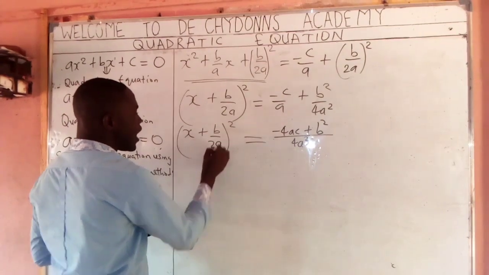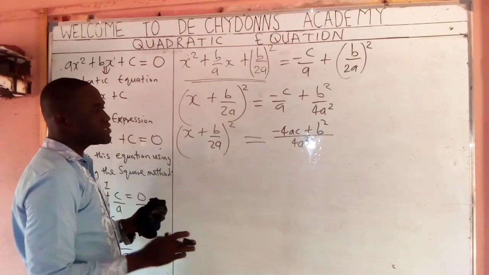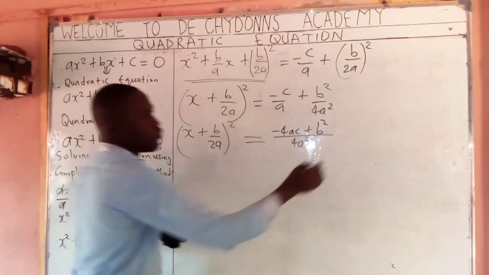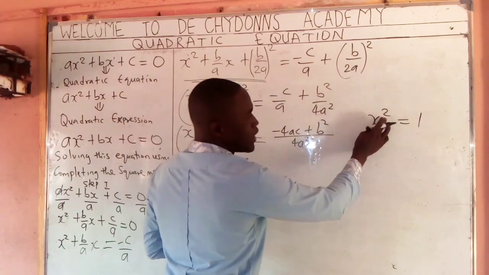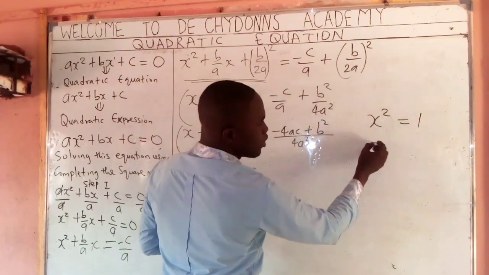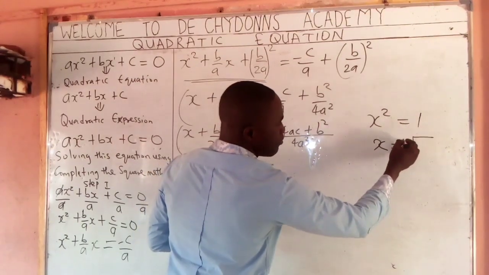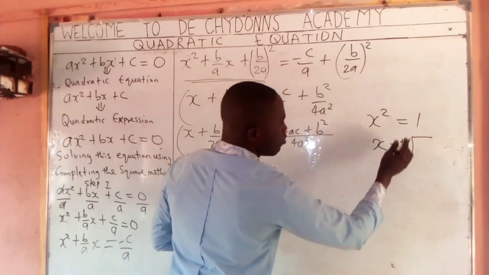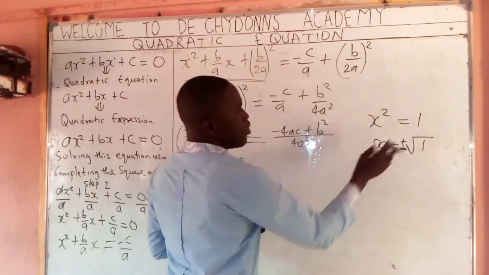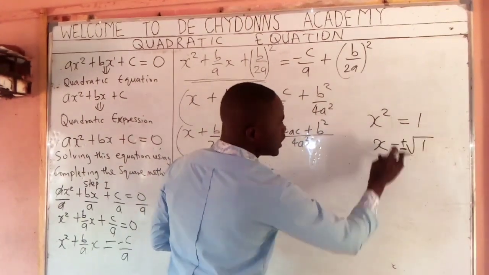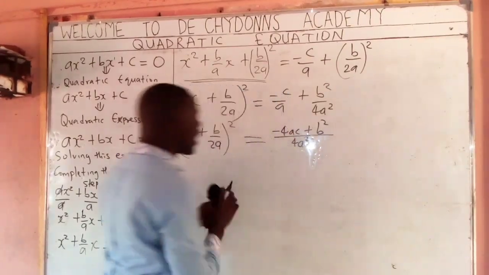Then what you do now is, after getting this, in mathematics, when you remove the power of 2, say you have x squared equal to 1, you must put a square root on the other side, plus or minus. Why you put plus or minus square root is because you removed the power of 2 on the other side. Now that rule is what we apply here.